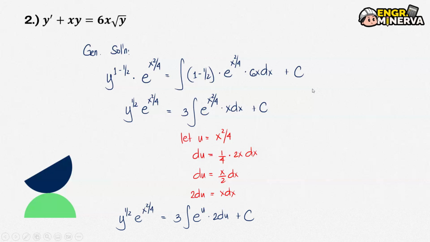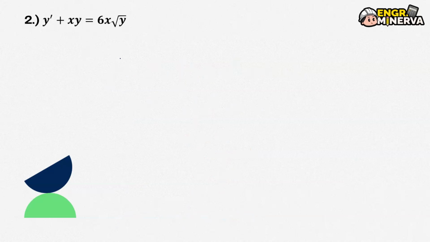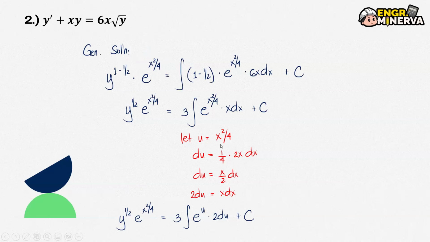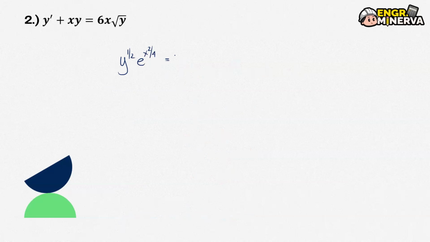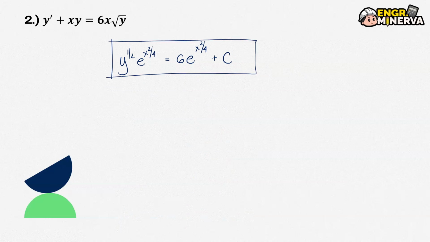And if we further simplify this one, this would be y raised to 1/2 e raised to x squared over 4 equals, okay, we'll multiply the 3 with the 2 here on the inside. That would be 6 e raised to x squared over 4 plus c. So this is our answer.